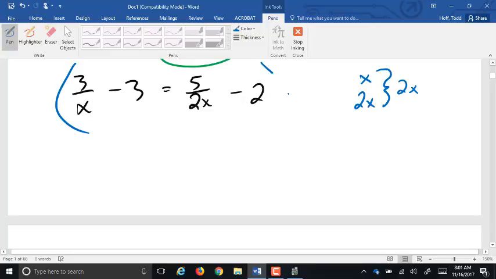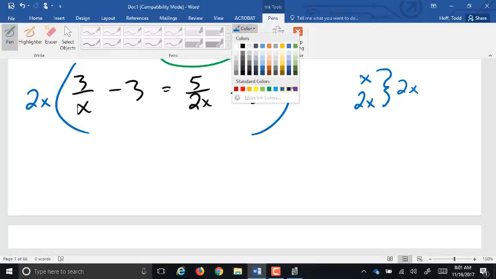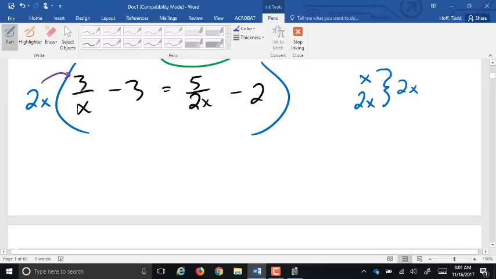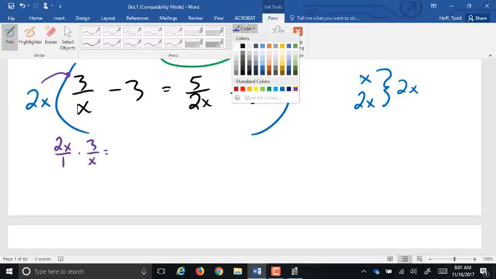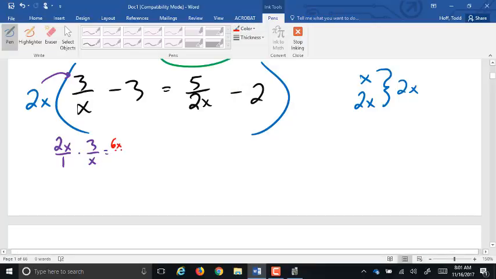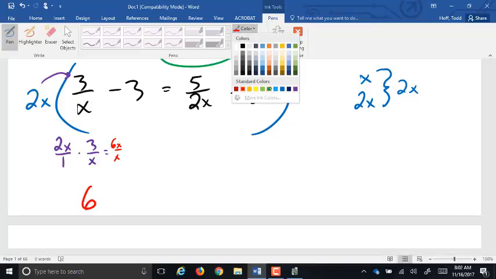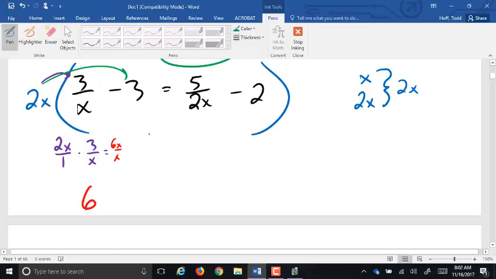So I'm going to multiply this whole thing by 2x. So 2x times the 3 over x. 2x over 1 times 3 over x is 6x over x. That divides out to be 6. Right? 2x times the negative 3 is just what?